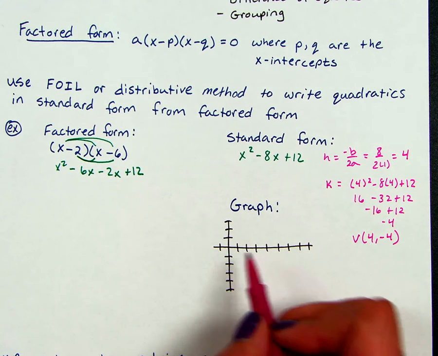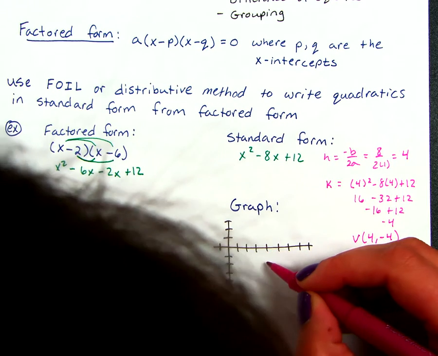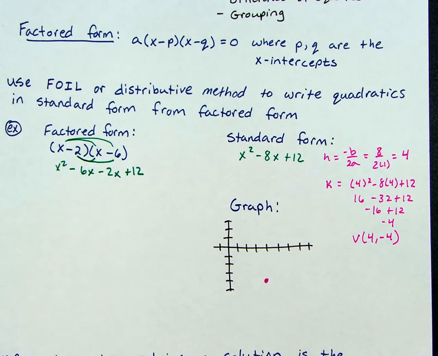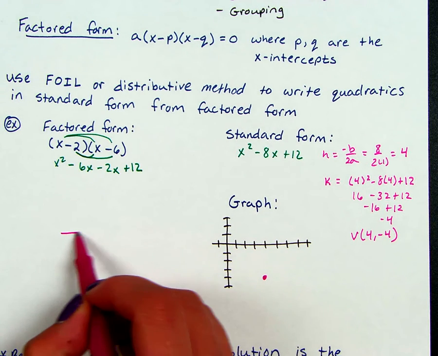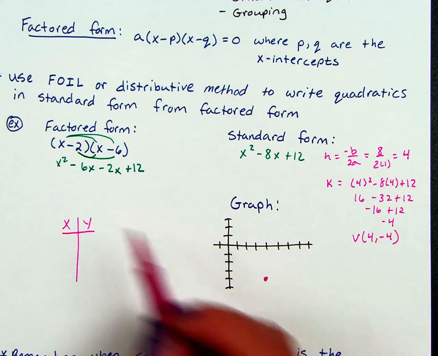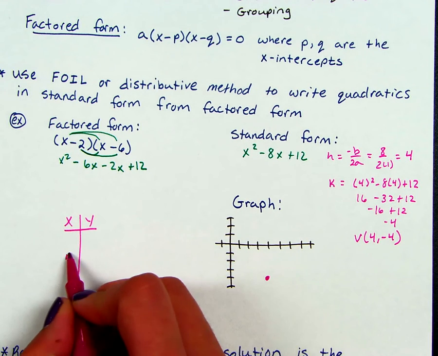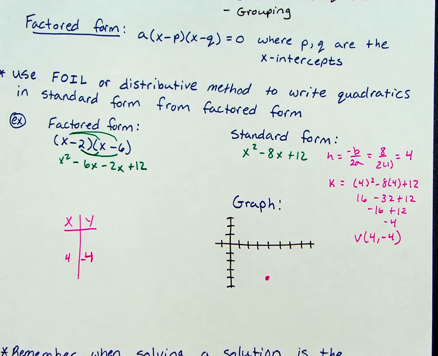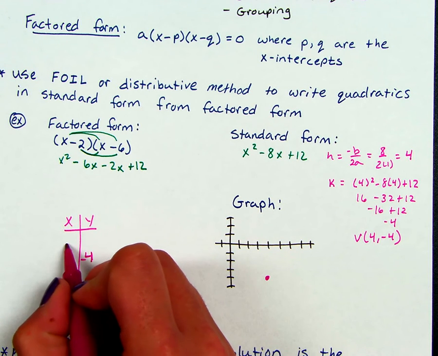When we graph, we're going to go right 4, and then down 4. If we do a t-chart, our vertex point is going to be in the middle, so 4, negative 4. Let's choose 3.